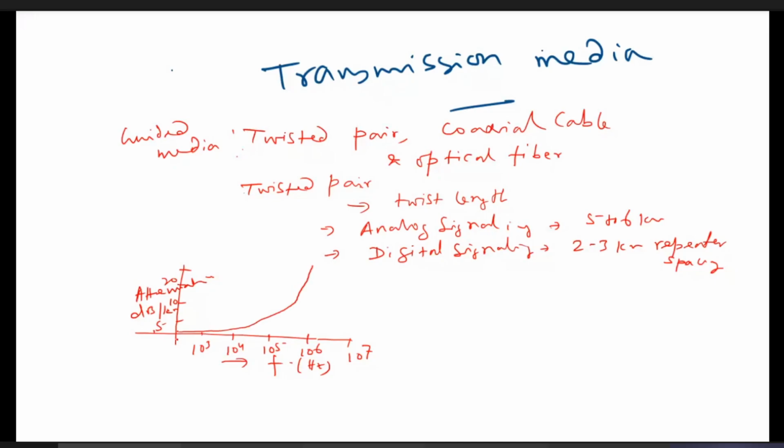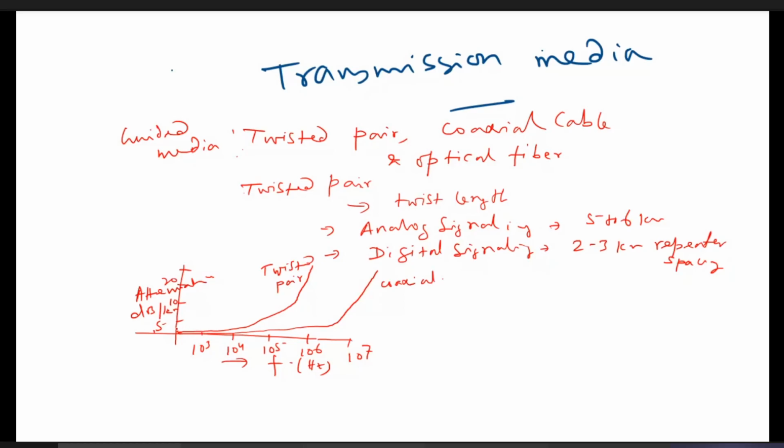But in coaxial cables, the frequency range can extend to several megahertz. This is for twisted pair; in the case of coaxial cables, the frequency range can be extended.